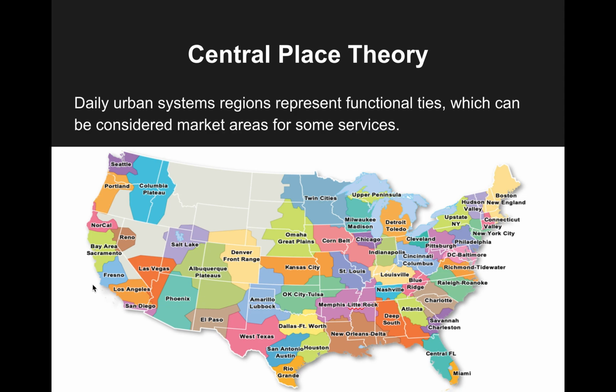Mega regions, a generation earlier, authors Doxiadis and Berry, the U.S. Commerce allocated that there are 48 contiguous states to 171 functional regions. So these are all regions, and then also the names would be hubs, which signifies a daily urban system interconnected with these urban areas. Again, known as mega regions that apply to central place theory.